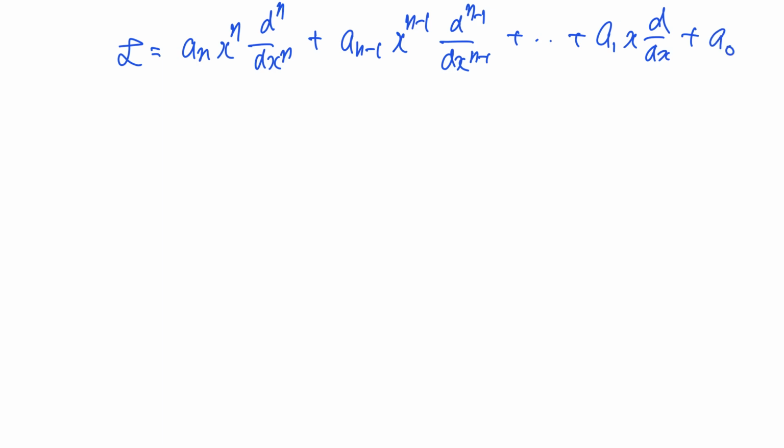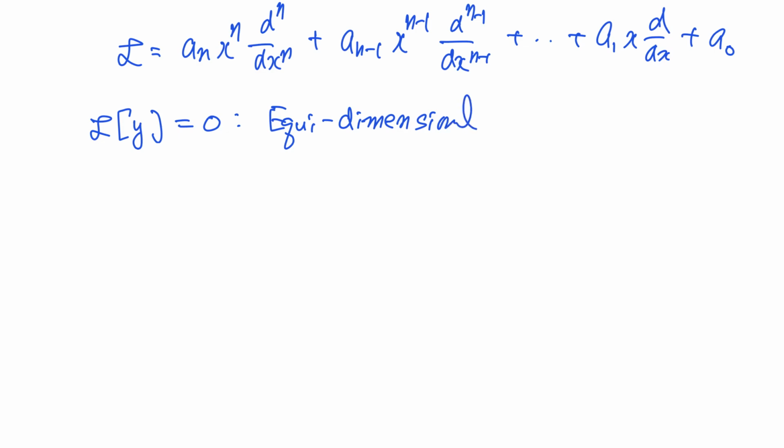This is called an equidimensional linear operator. So L y equal to 0 is called an equidimensional ordinary differential equation. This is also a case that we can solve exactly.